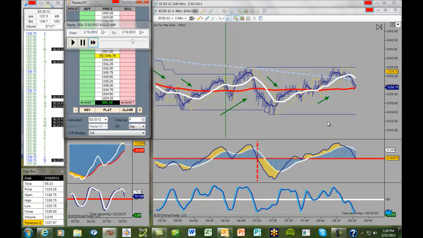Okay, we've got a bearish MACD on the 1 minute, but still bullish on the 5. So we're looking for a turnaround.